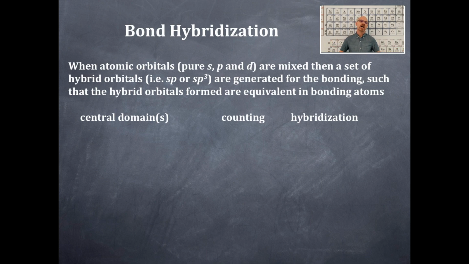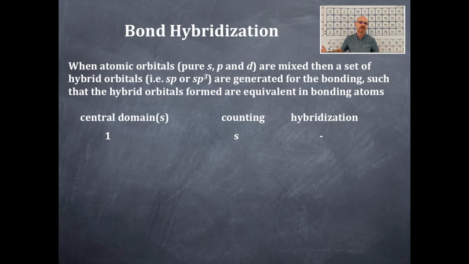Here's how we're going to figure out what the hybrid orbitals are and what their name designation is. The central domain, the counting, and the hybridization, this hybrid orbital designation, is what we're looking for. If you only have one region, it's an s-type orbital.